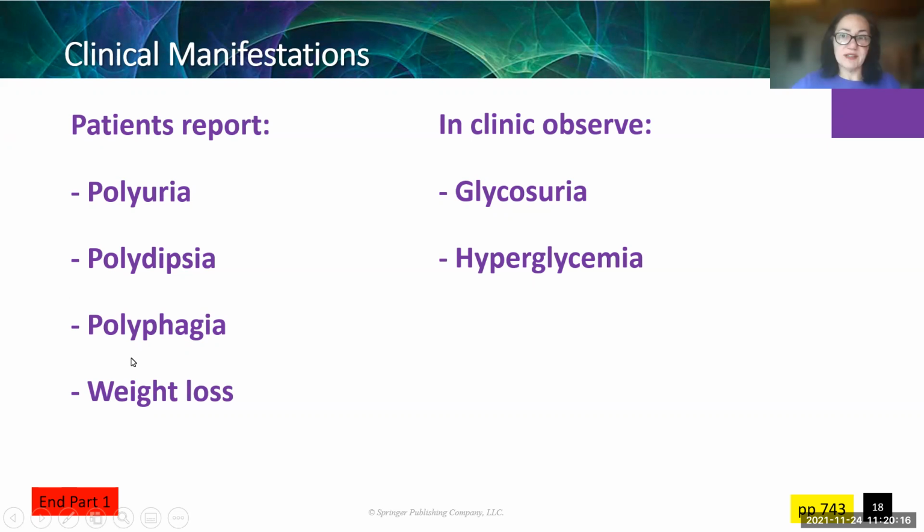So the cells don't have enough fuel, and the patients report feeling hungry all the time. They're eating a lot, polyphagia, and yet it appears paradoxical that they're actually losing weight simultaneously. When they come to the clinic, what we see is there's glucose in the urine, which should not be in there at all. And when we check their blood levels, the glucose is well above the normal 70 to 110 range.